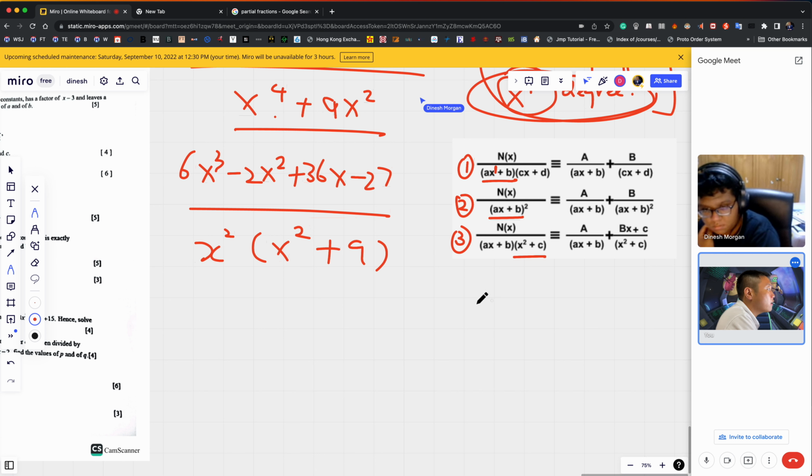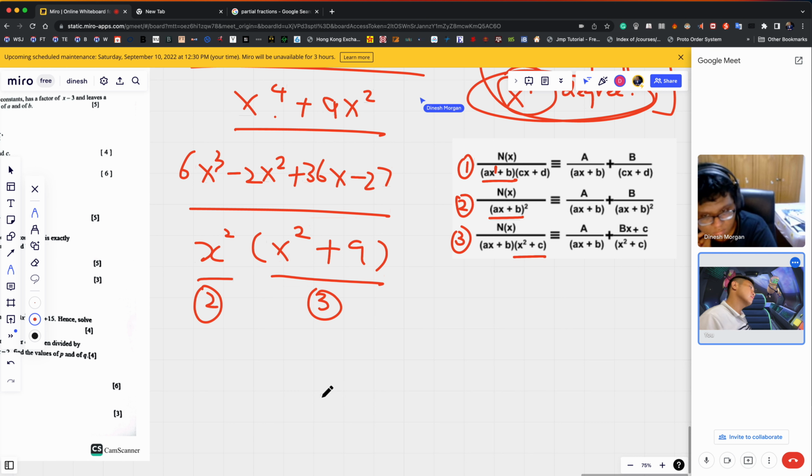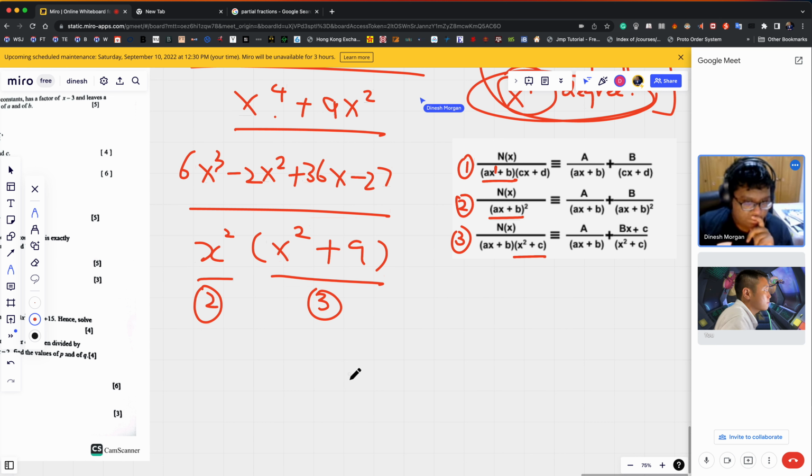You see case 2 here and you see case 3 here. But if it was, let's say, x squared minus 9, then you have to factorize it further. Very good question. So you make it the simplest form, then after that you do the thing.